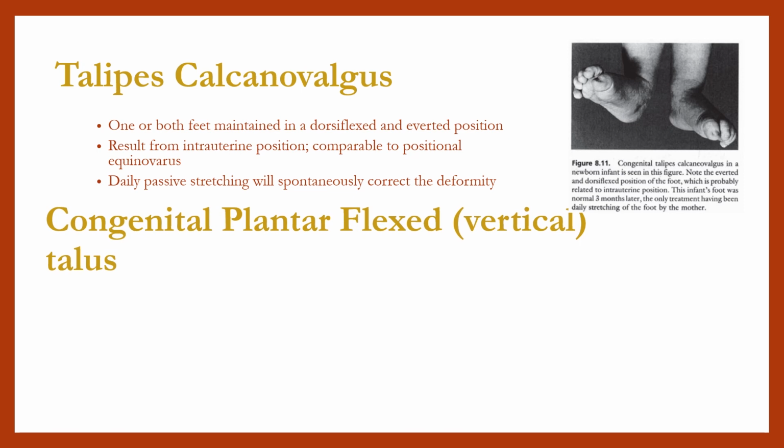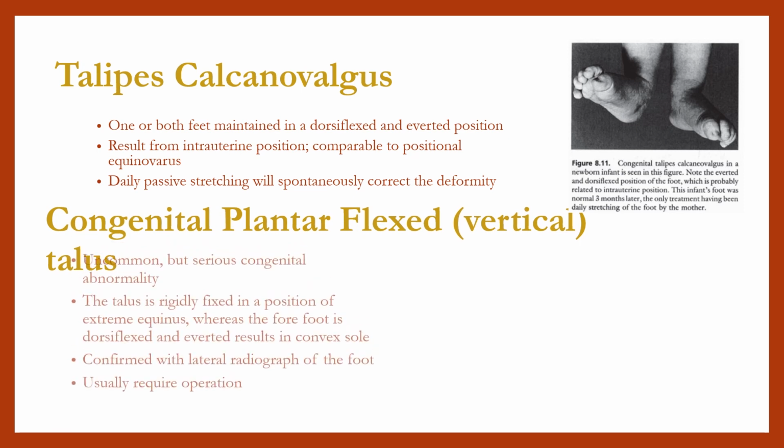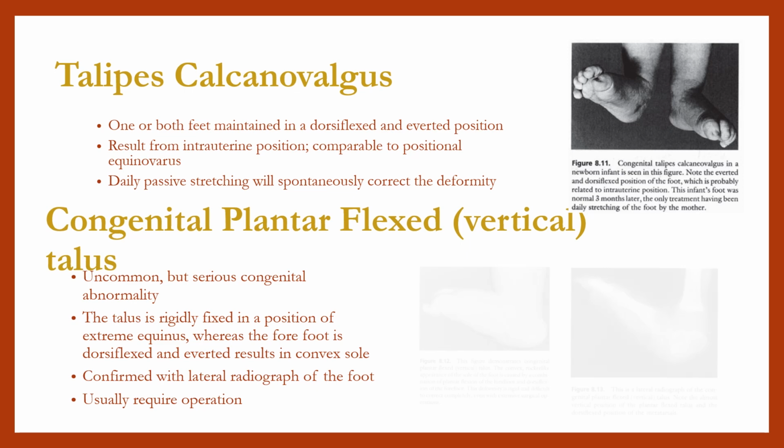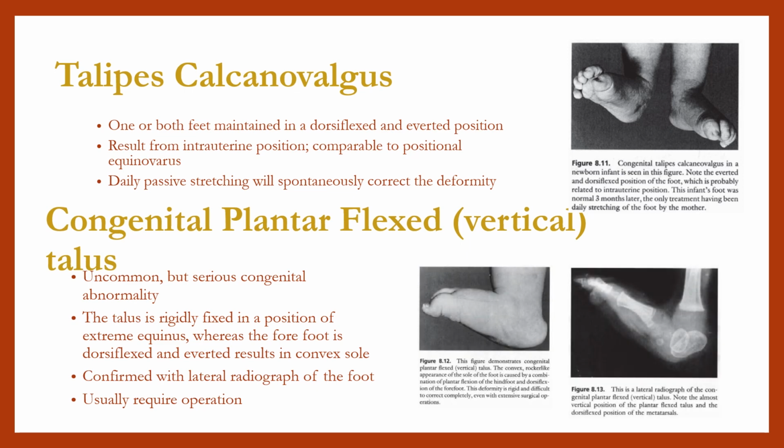The congenital plantar flexed or vertical talus is an uncommon but serious congenital abnormality. The talus is rigidly fixed in a position of extreme equinus, whereas the forefoot is dorsiflexed and everted, resulting in a convex sole, confirmed with a lateral radiograph of the foot. It usually requires operation.